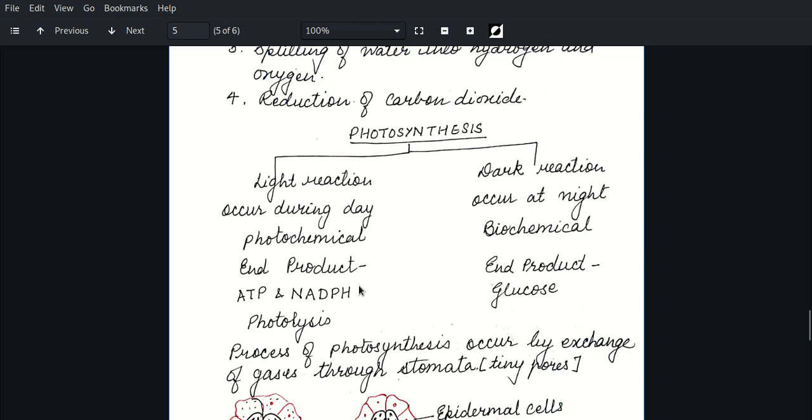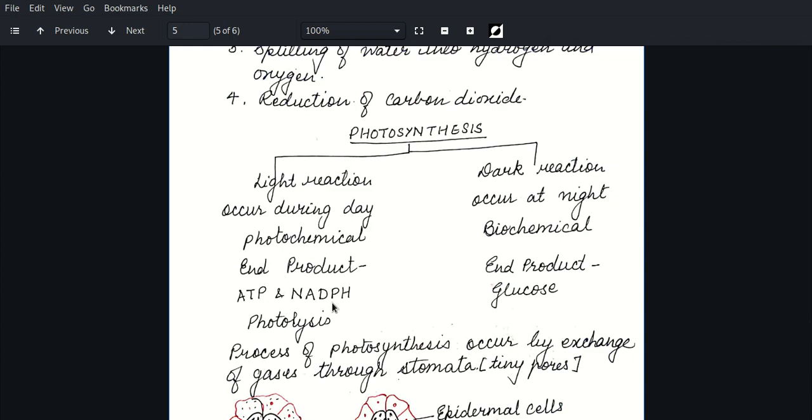What are the energy molecules formed during light reaction? When water is split into hydrogen and oxygen, hydrogen is received by hydrogen acceptor molecule NADP and it converts into NADPH. Each NADPH molecule can give rise to 3 ATP molecules.